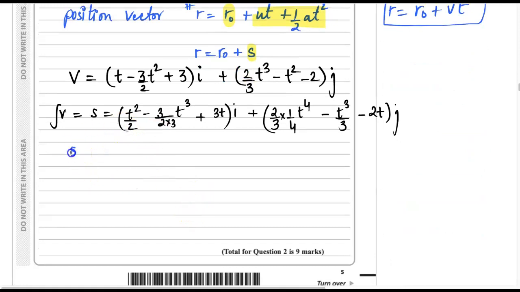Let's substitute t equals half. So if we substitute t half, s is going to be, shall we use our calculator now? I'm going to be using my calculator to find out t half, t squared half.